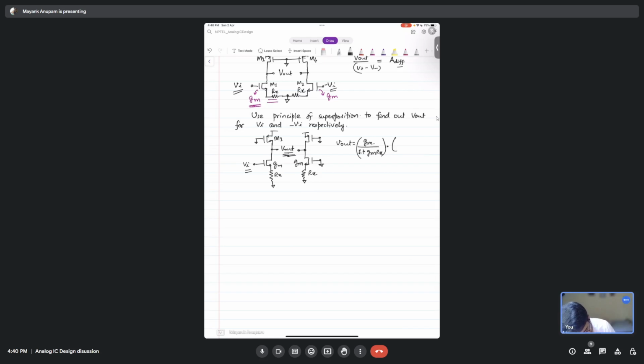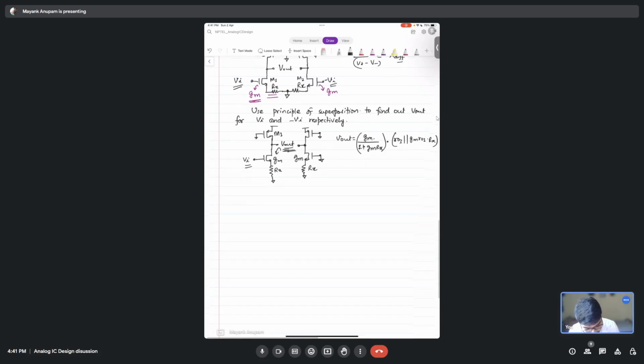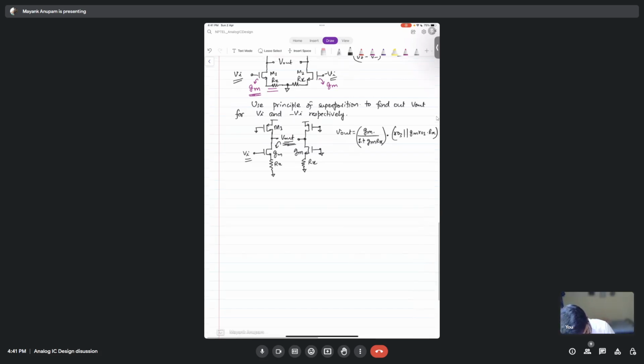It has some output resistance RO3, which will be in parallel with the cascode connection here. That will be GM times RO1 times Rx. This is the V out due to this, times Vi. This is the V out here.